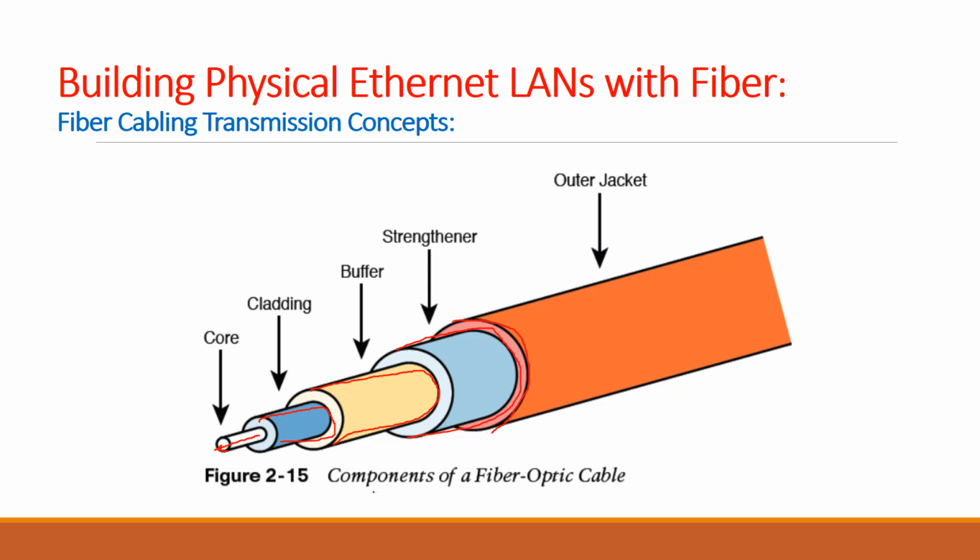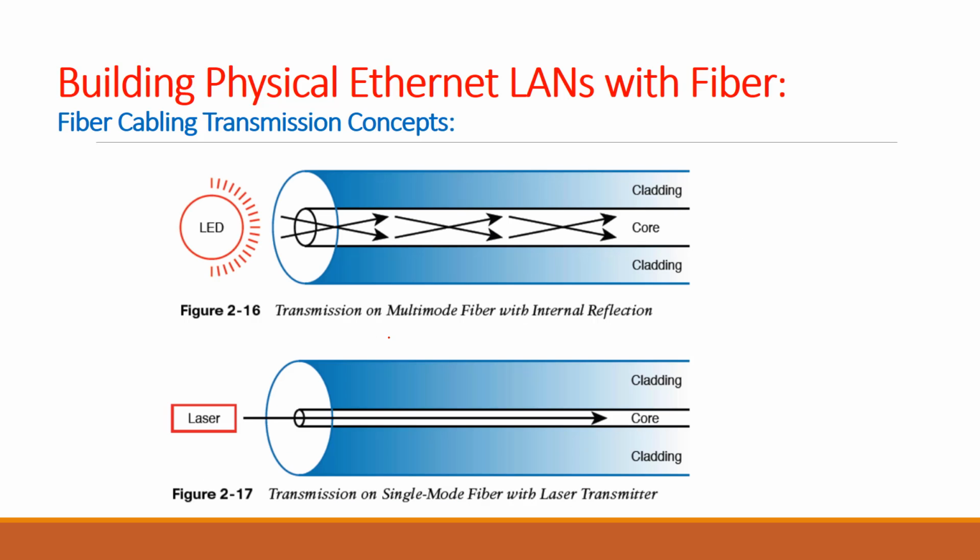These are the components of a fiber optic cable. Light goes through the core, and the core can be broken, so you strengthen it with the outer jacket, strengthener, and buffer.